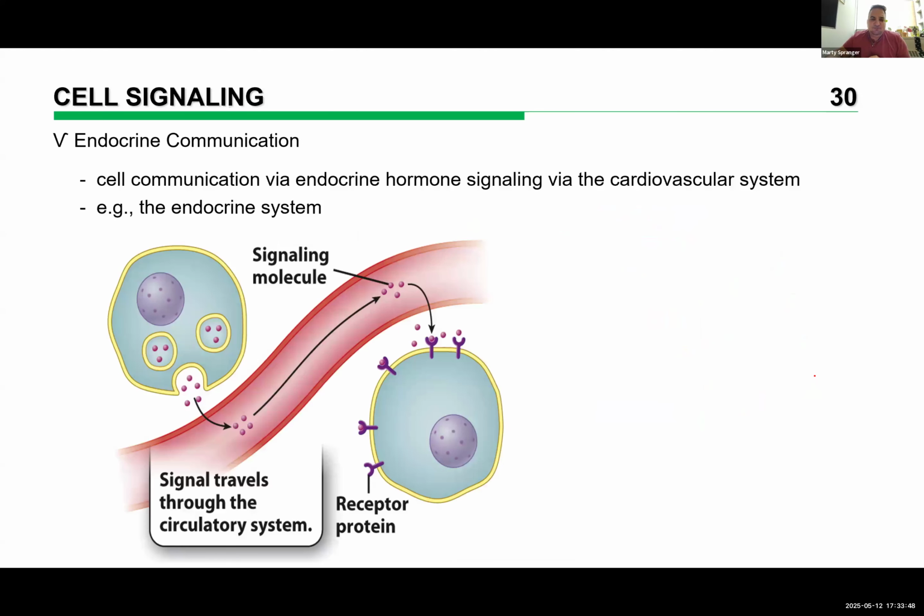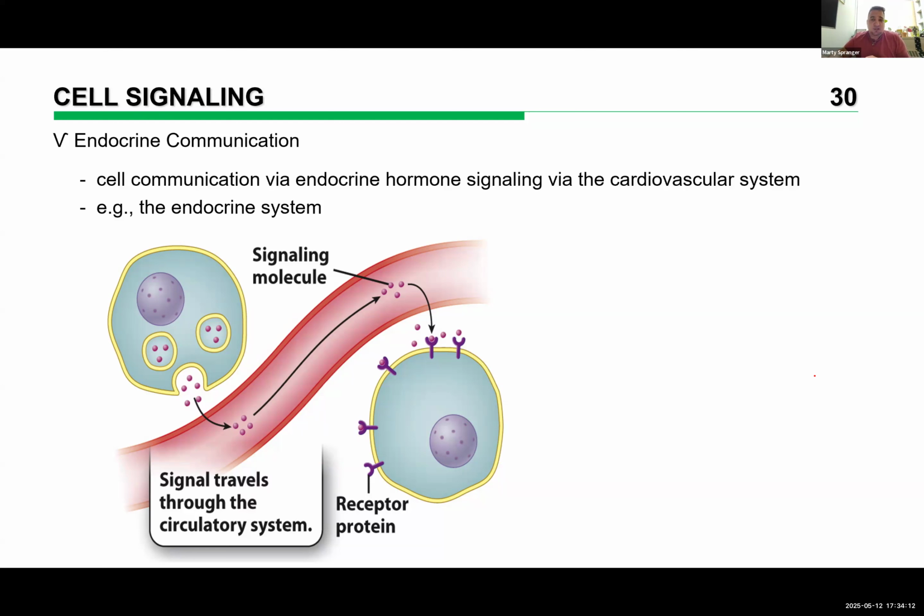Endocrine communication. We're going to go through this in great detail, but you have cells in the body somewhere. Maybe they're in your pituitary gland in your brain, and they're sending hormones way down to your adrenal glands sitting on top of your kidneys. So it's very long distance communication, and generally we like to say that it's long lived.